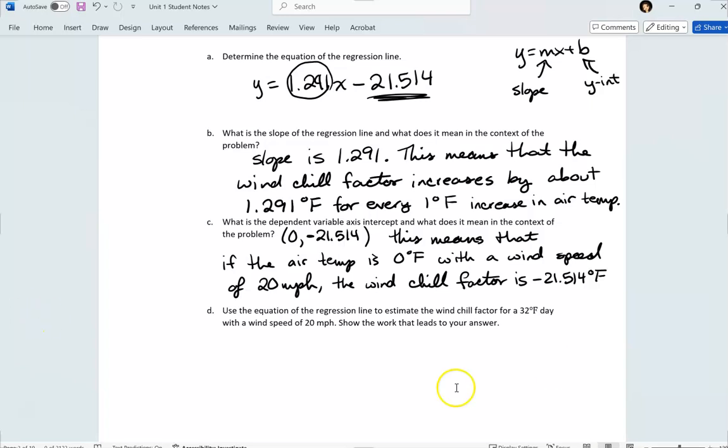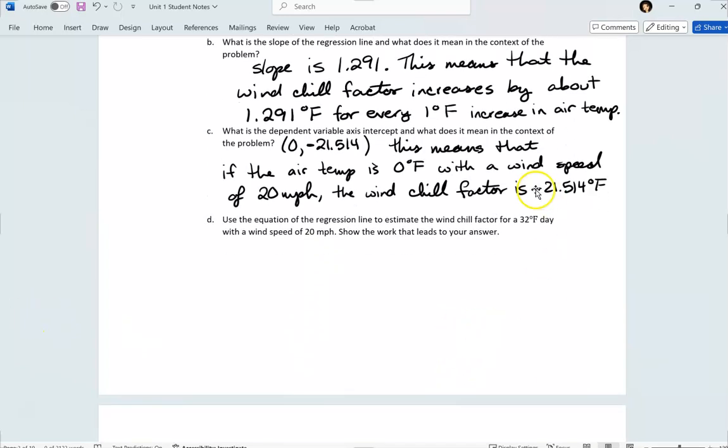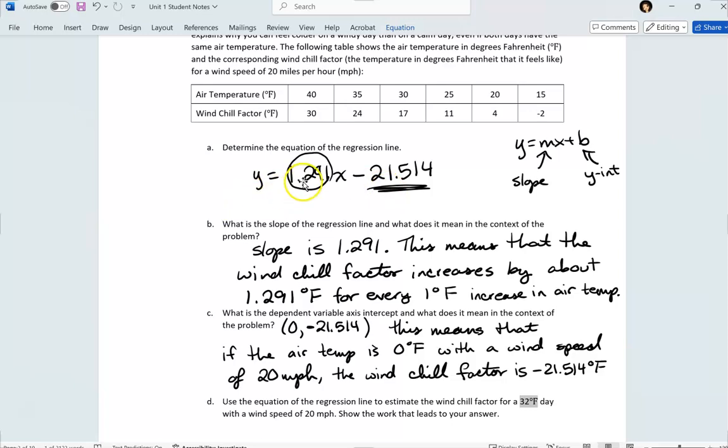Finally, in part D, we need to use the equation of the regression line to estimate the wind chill factor for a 32-degree day with a wind speed of 20 miles per hour, and show the work that leads to our answer. So what does that mean? Well, it's giving us the wind chill factor, and our equation is 1.291x minus 21.514, where your input is the air temperature, and the output is the wind chill factor.